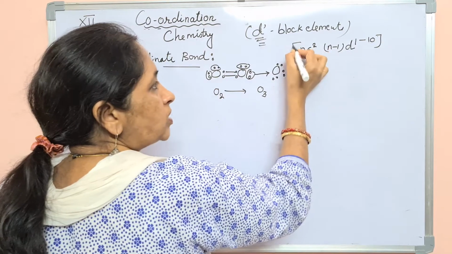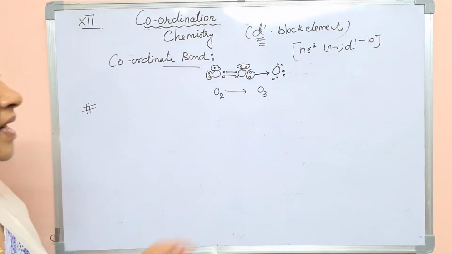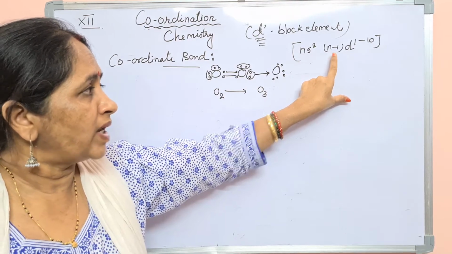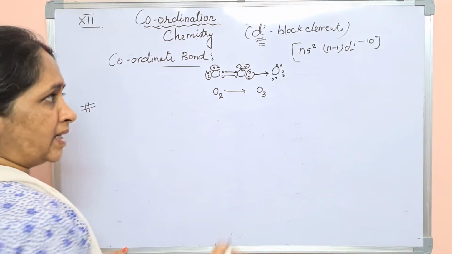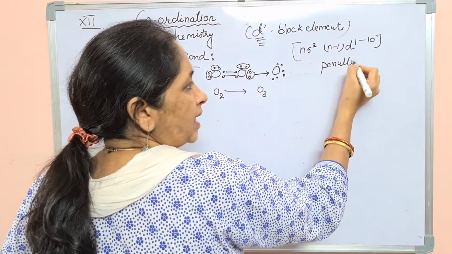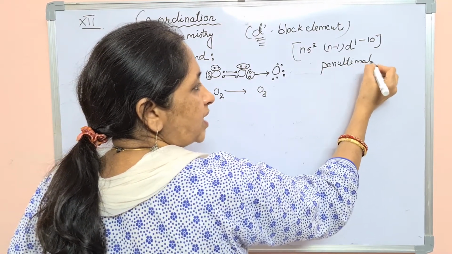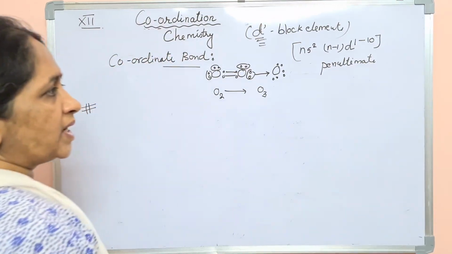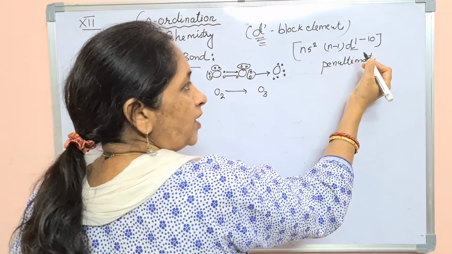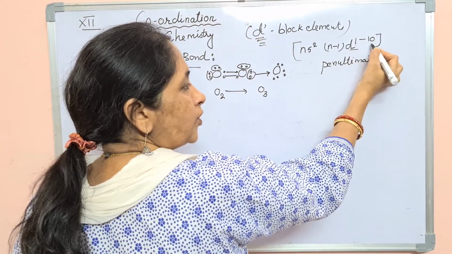This is the outermost electronic configuration, where n minus 1 is the last but one shell. It is called the penultimate shell, and this penultimate shell is incomplete. Electron filling can be from 1 to 10.